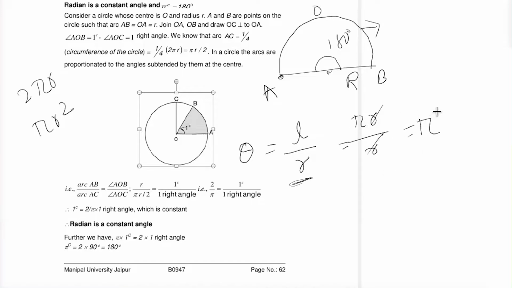We denote radian with a small c as superscript. But we already know this angle is 180 degrees, and from the formula it comes to pi. That means these two angles are the same. That means pi must be equal to 180 degrees.